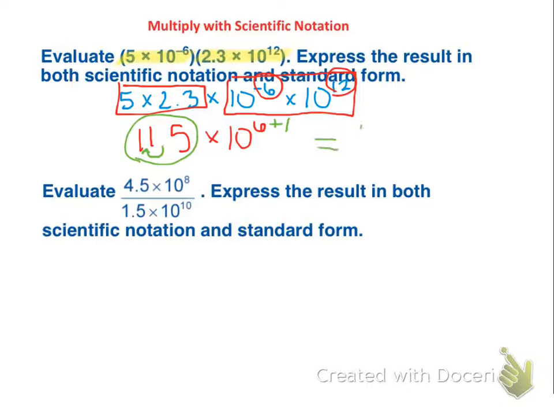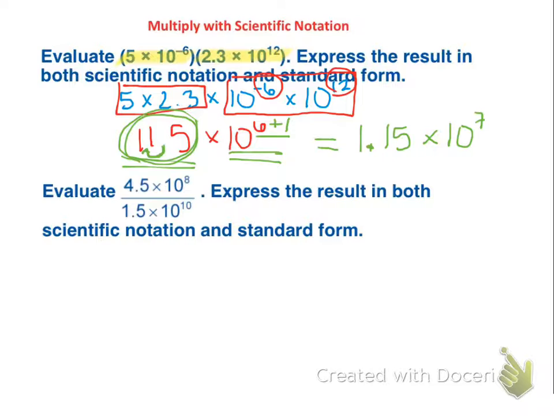So my final answer is 1.15 times 10 to the 7th. Again, I made my number 11.5 smaller, so I make the exponent bigger. I need to keep it balanced. If I take it away from here, I have to add it to here.